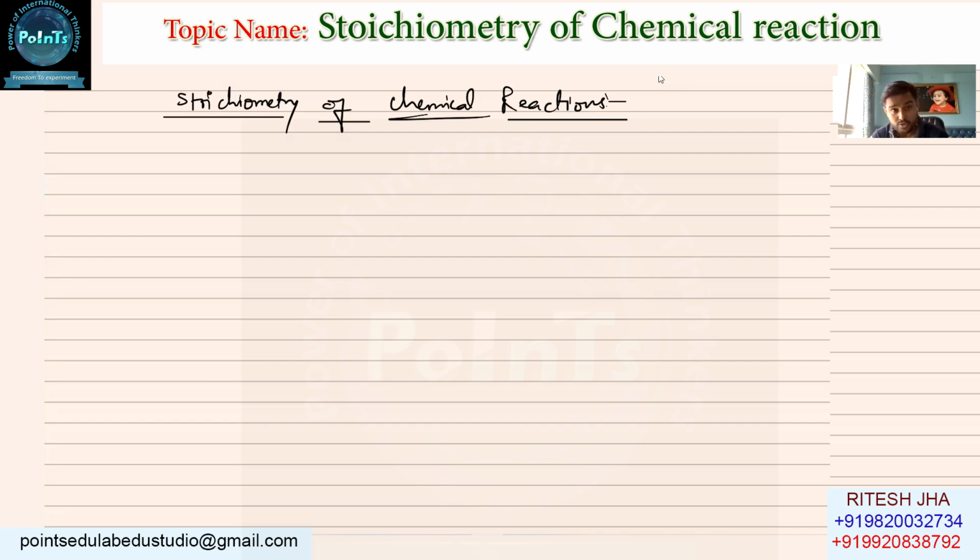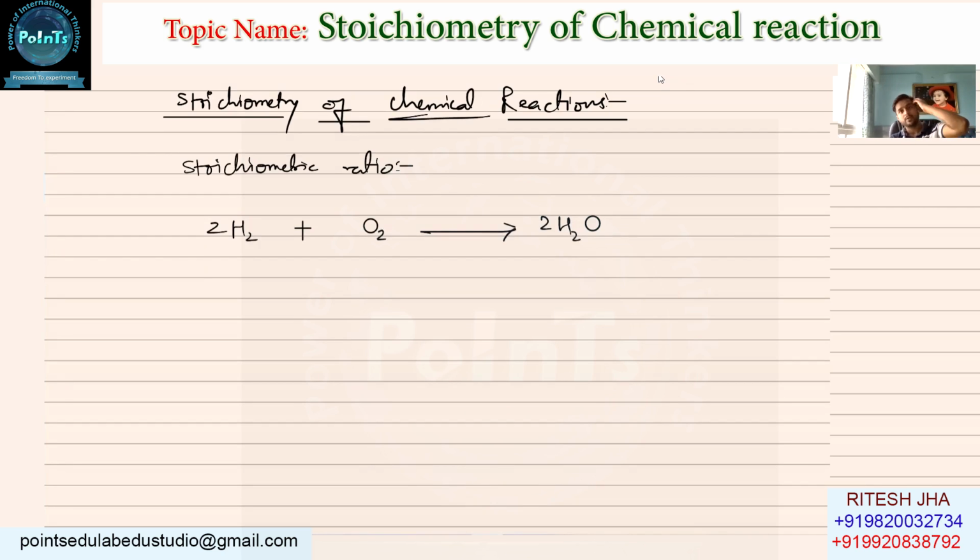Talking about the stoichiometry of chemical reactions, the very first thing that you are supposed to know is the stoichiometric ratio. So what is the stoichiometric ratio? When I consider a reaction, let's say H2 plus O2 giving us H2O, what do you write? 2H2 plus O2 giving you 2H2O.